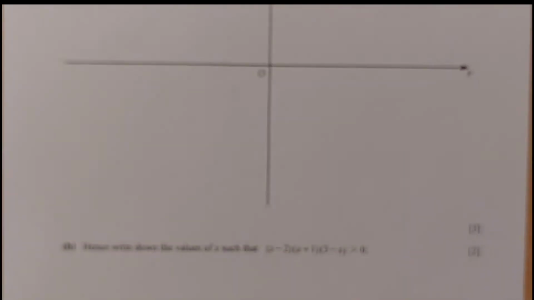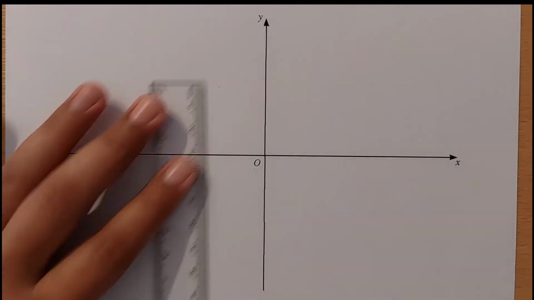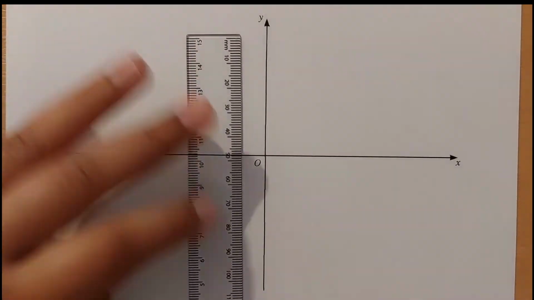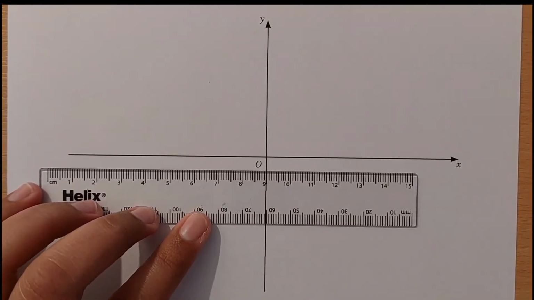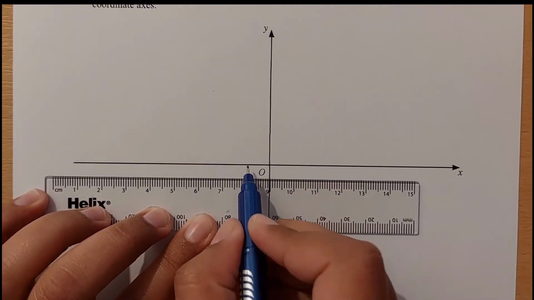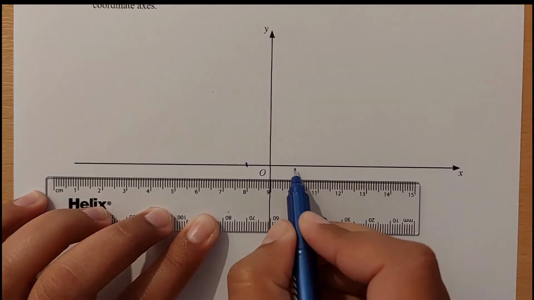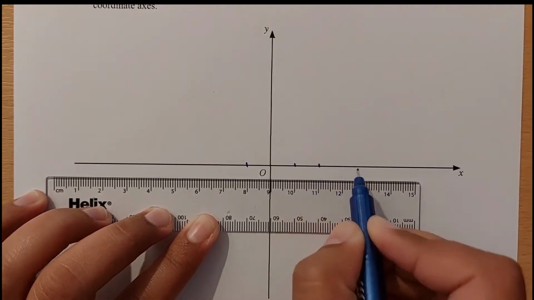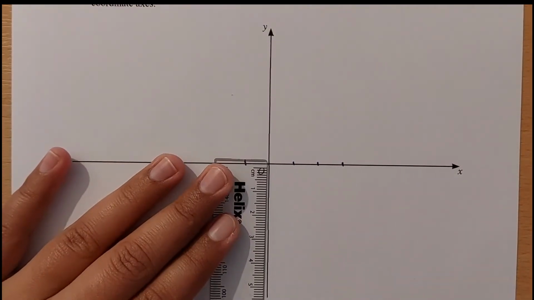So now we have to use the zeros, the y-intercept, and the end behavior information to graph this polynomial function, right? This is a coordinate grid. The zeros are minus 1 here, and the positive ones are 2 and 3. The y-intercept is negative 6 downward.